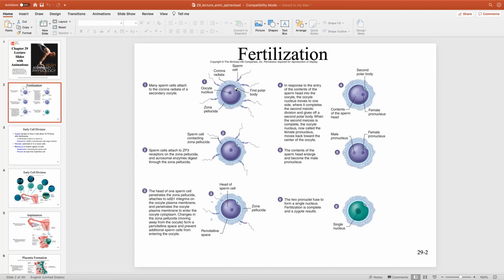Now, with the first part right here, in this slide, fertilization, take a look at what happens with fertilization. When the oocyte is released, that released oocyte has cells surrounding it that are going to help protect that oocyte, that even after ovulation, those cells are present and help basically defend the oocyte. Now, what else do we see? You have a gel-like layer called the corona radiata, made out of cells.